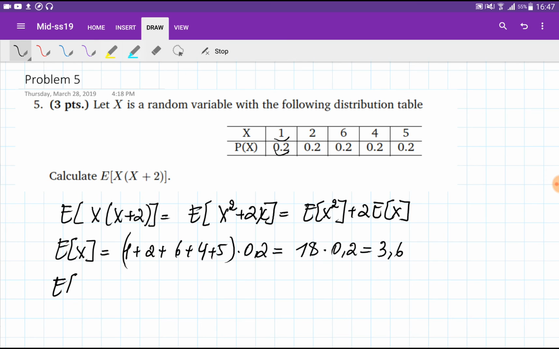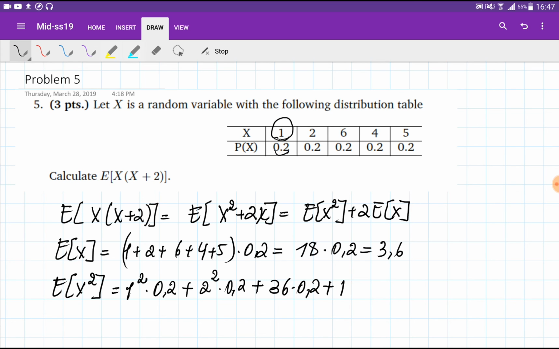In order to calculate the expectation of x squared, we need to square each of the outputs and multiply this still by the corresponding probability. So this will be 1 squared multiplied by 0.2 plus 2 squared multiplied by 0.2 plus 6 squared multiplied by 0.2 plus 4 squared multiplied by 0.2 plus 5 squared multiplied by 0.2.